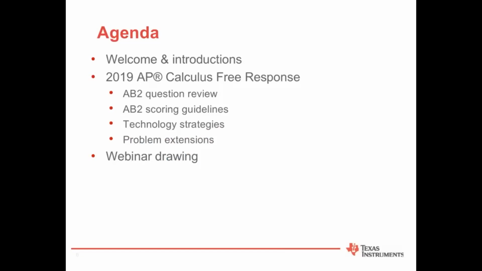Then I'm going to pass the screen over to Vickie, and she's going to talk a little bit about technology strategies, how you would use both the TI-84 and the TI-Nspire to not only solve some of these problems, but to visualize and justify some of the results. And at the very end, I'm going to demonstrate a couple of problem extensions. These are problems that are related to AB2, but may ask your students to think a little bit more, and build upon some of the information that's given in AB2.